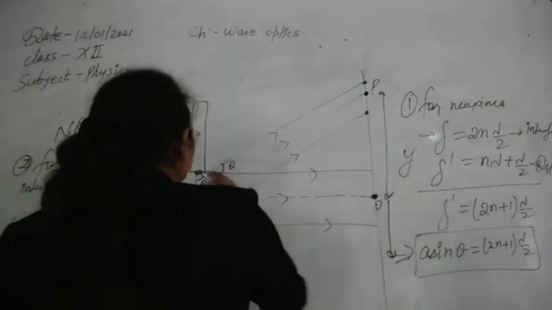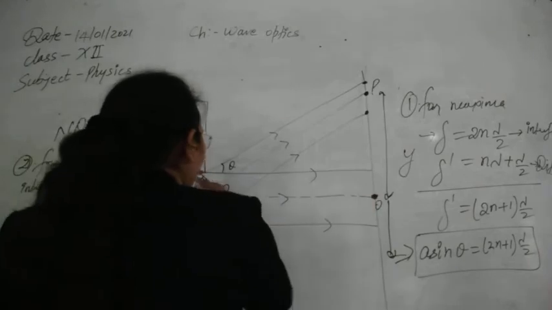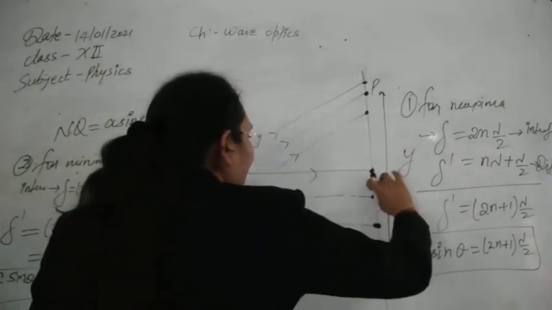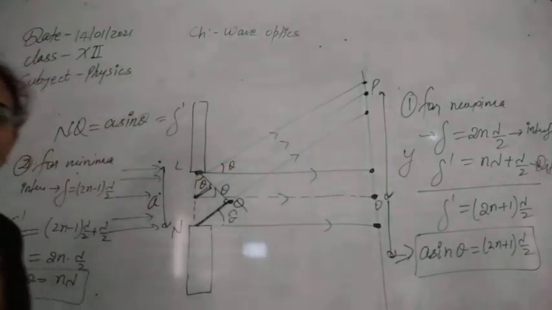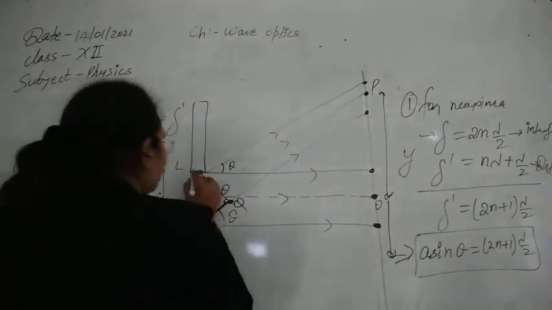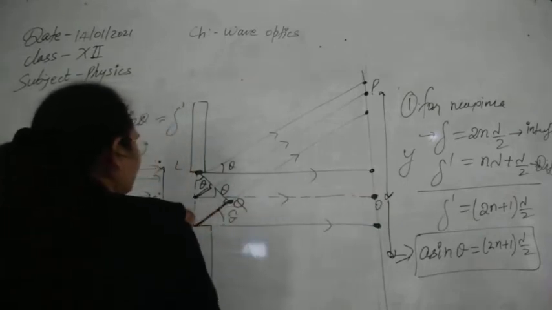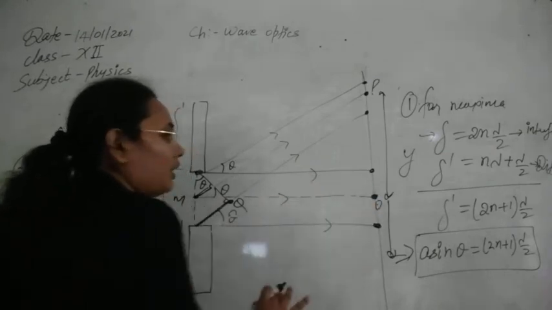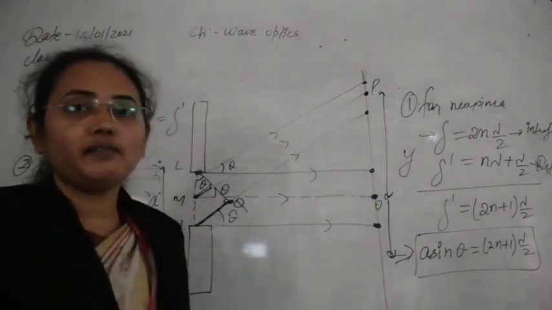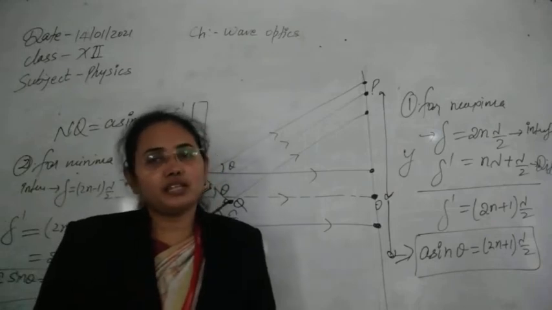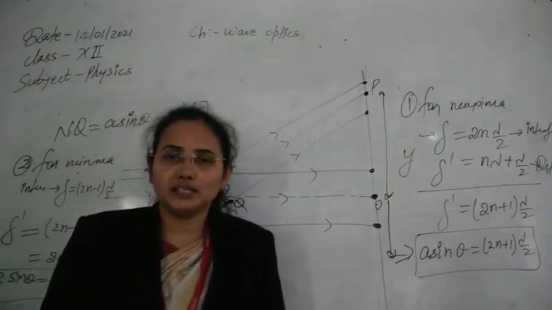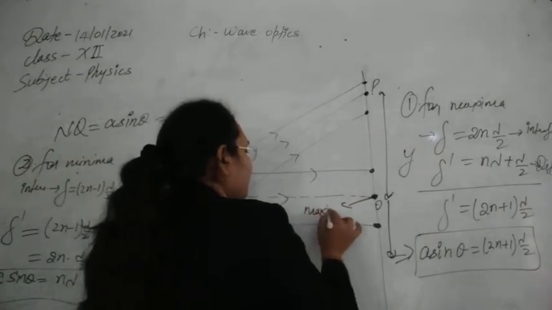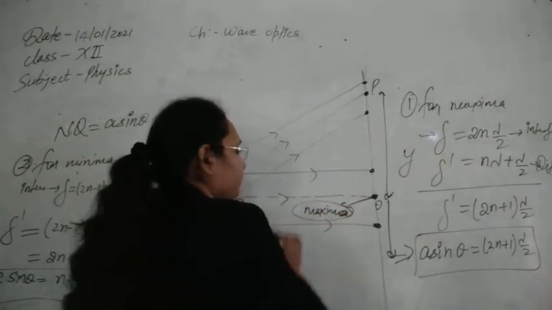Again you can see the waves that are reaching O. If these points are also near to O, we can take them as superimposed over O. So the time taken to reach O from L, N1 and N2 is all the same. So they are always in the same phase, and whenever they superimpose, they always provide maximum intensity. So this is the point of maximum, in each case, whether we have interference or diffraction.